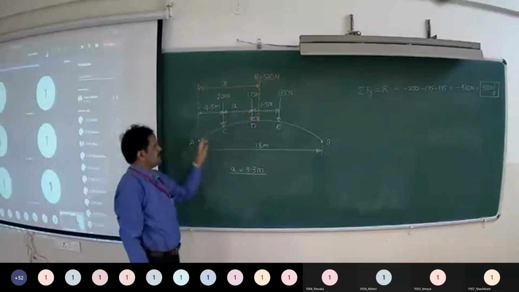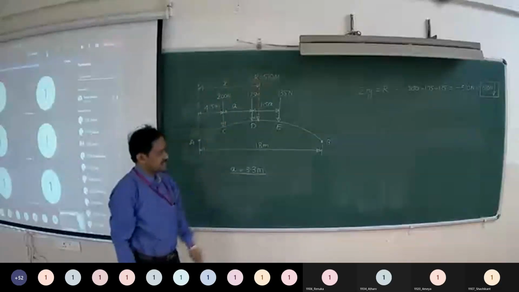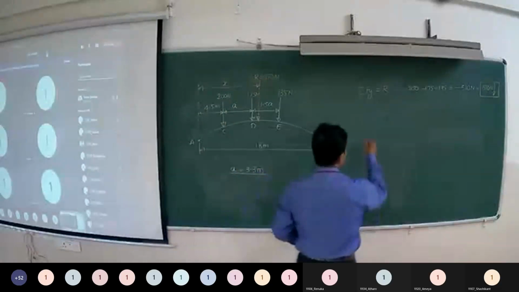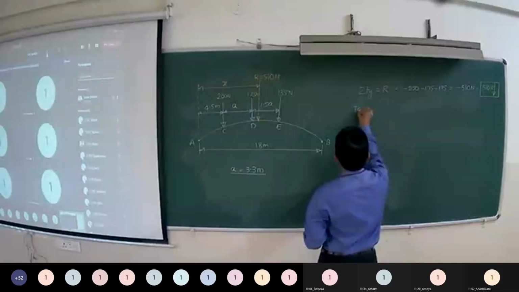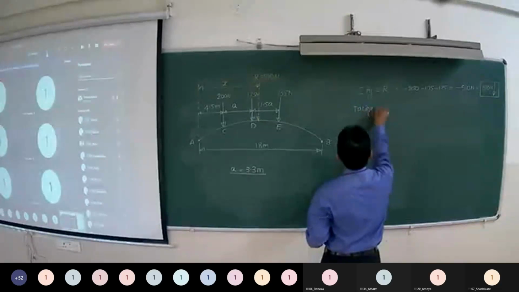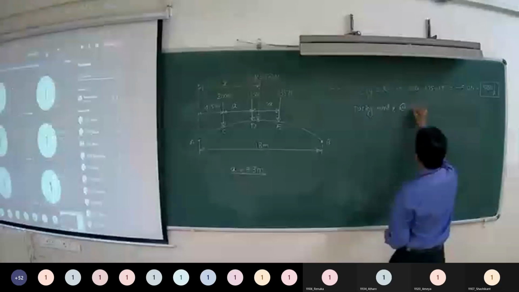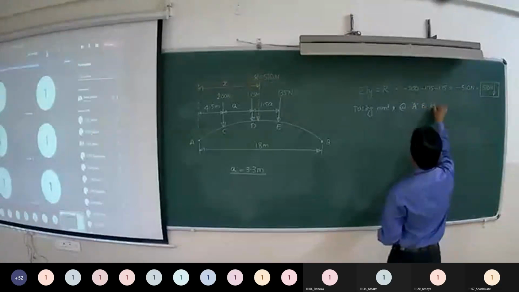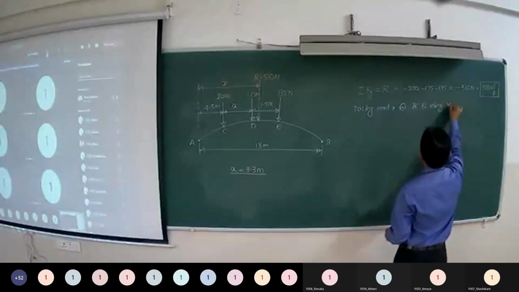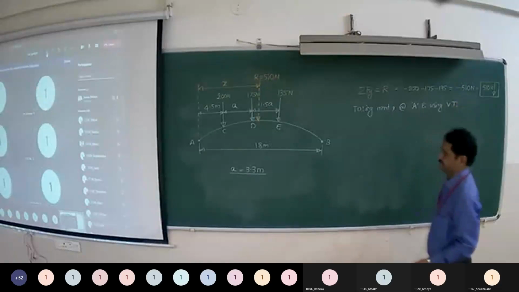The position of the resultant with respect to A is x meters. Now to determine x, taking moments about point A and using Varignon's theorem.